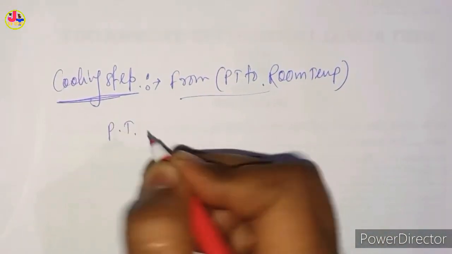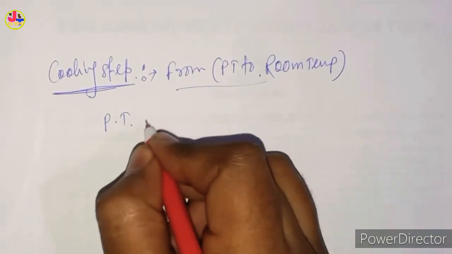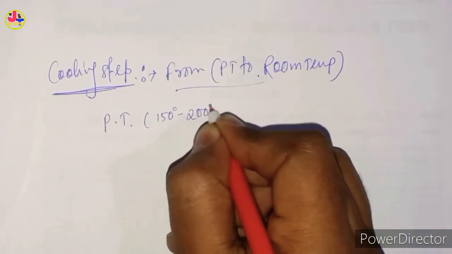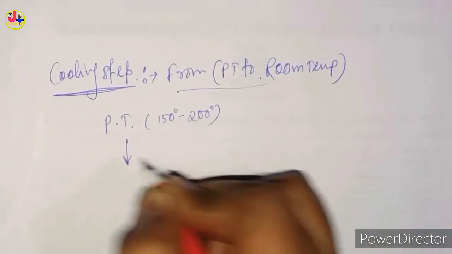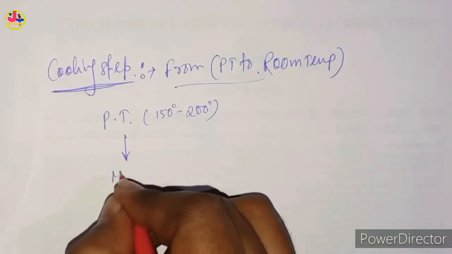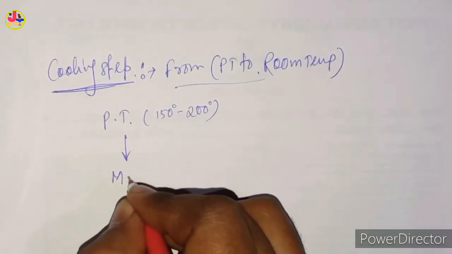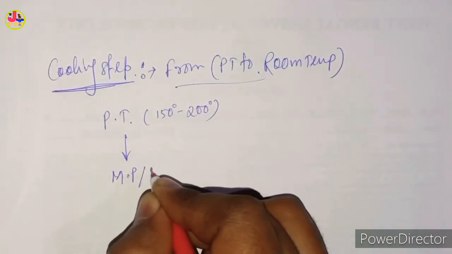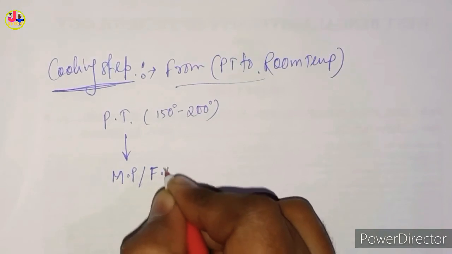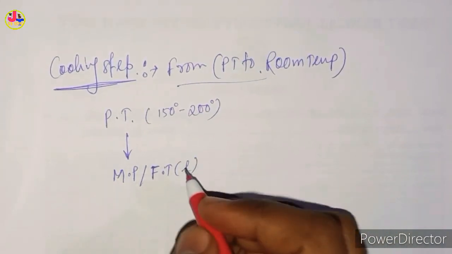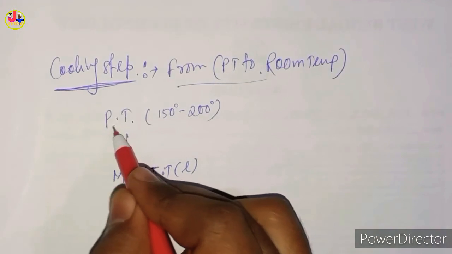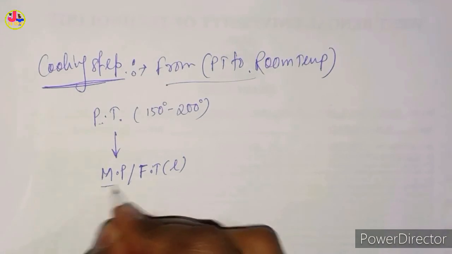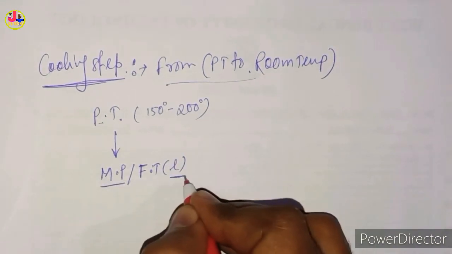We know that pouring temperature is 150 degrees excess above the melting point. Then this is the melting point, MP, or you can say freezing temperature, FT. Keep in mind, pouring temperature is also a liquid state, as well as the melting point temperature, here also liquid state.